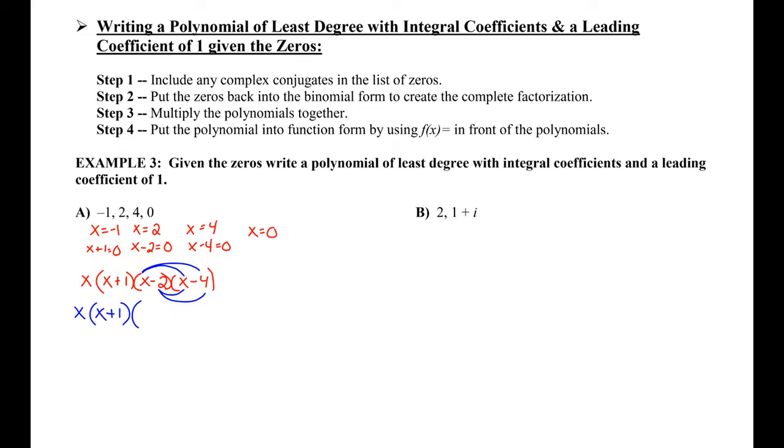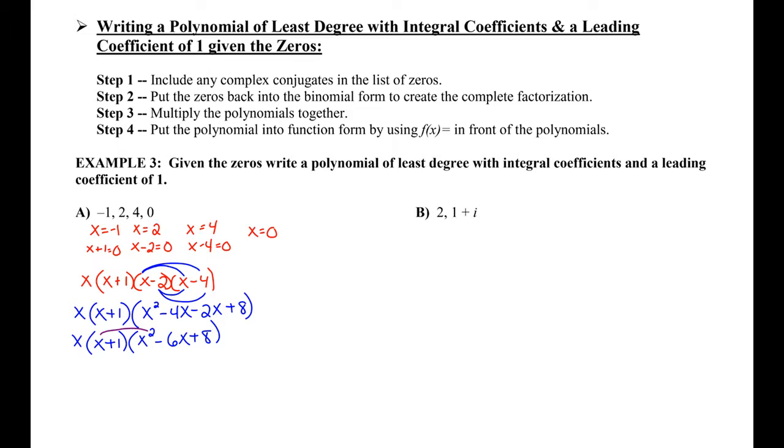This becomes x squared minus 4x minus 2x plus 8, which I'm going to simplify to be x squared minus 6x plus 8. Then I'm going to take x plus 1 and I'm going to distribute each term to the trinomial.